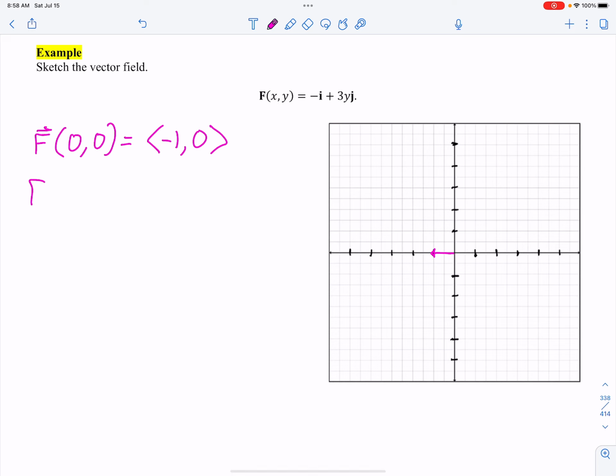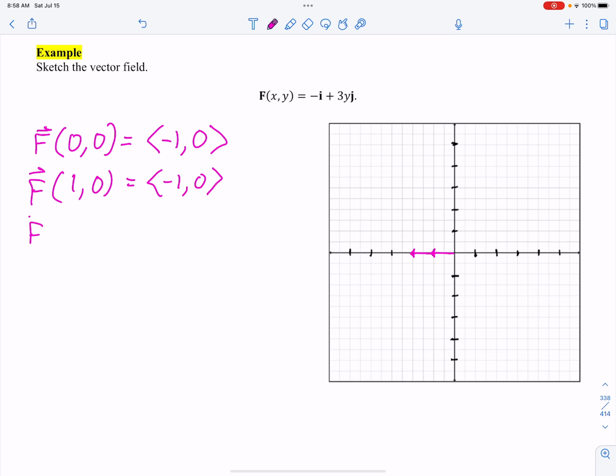But notice, if I plug in a different x, like 1, 0, I also get negative 1, 0, because the x doesn't actually change anything. So at this point, I'm going to copy and paste because I'm going to make mine look uniform. Right, it's going that way.